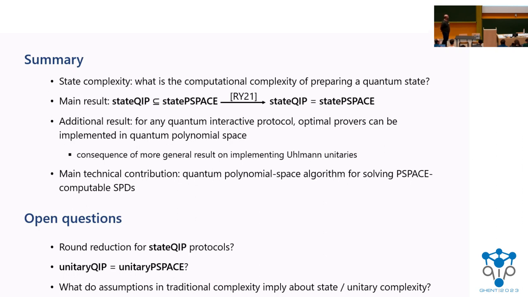Related to this, there's a very nice paper by Irani and Natarajan and so on on the difficulty of search-decision reductions, which at a very high level tells you that just because QIP equals PSPACE is true doesn't mean that you can say anything directly from that about the state complexity case, because it's a quantum search-decision type question.